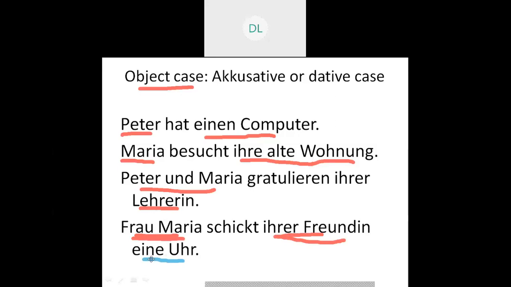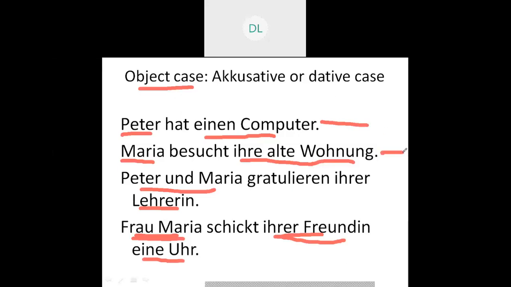But let me just summarize this slide. On this slide, we have checked more practice on subject and object. For the object, I have accusative and also dative. In the first and second sentences, the object is accusative, einen Computer, ihre alte Wohnung.